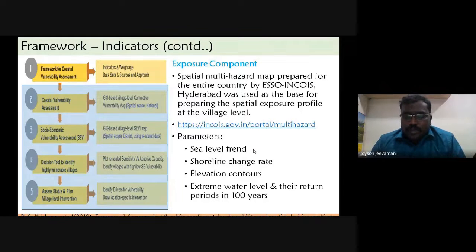These are the 4 parameters they have used to spatially map the multi-hazards along the entire coast. You can see this website for that. It is not freely available. You can contact them and they can share.